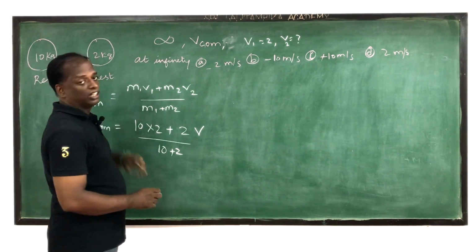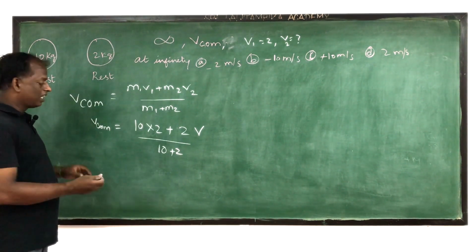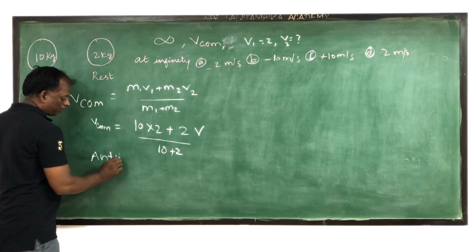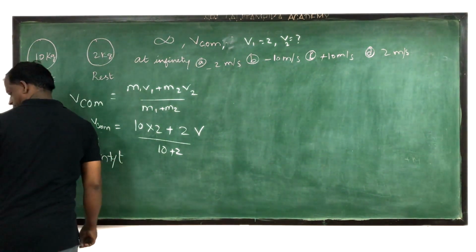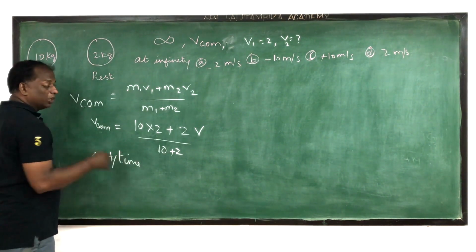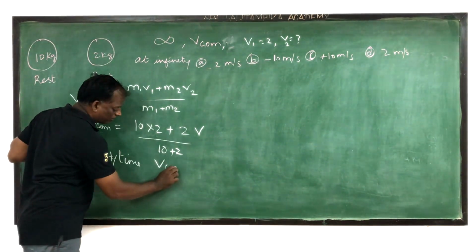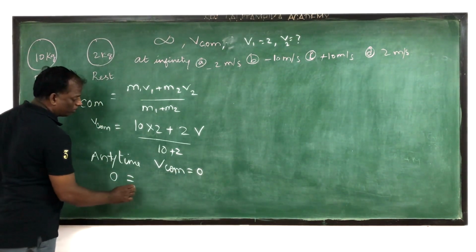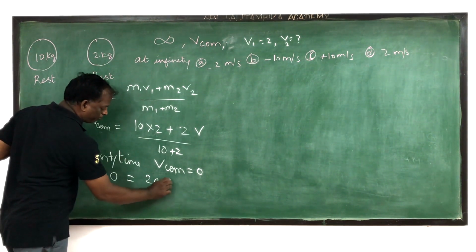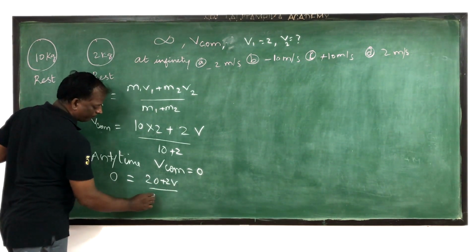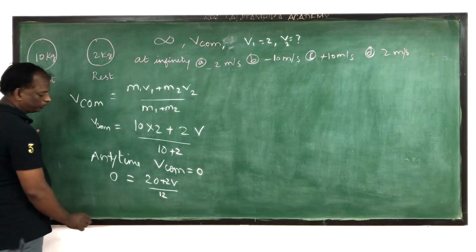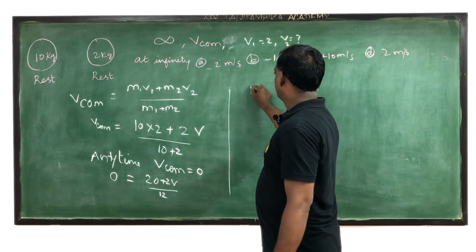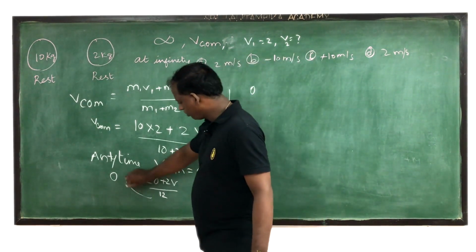எப்ப at infinity. Infinity na ரொம்ப தூரம். So at any point, at any time, ஏதோ ஒரு டைம்ல the velocity of the center of mass will become 0. அப்ப when we equate it to 0, so 20 plus 2v divided by 12, இது போச்சுனாக்கா it will become 0.